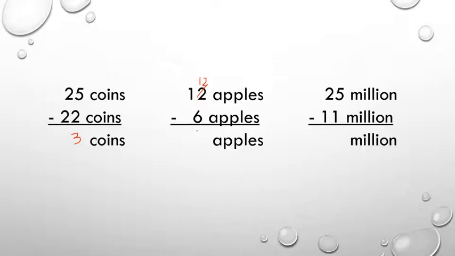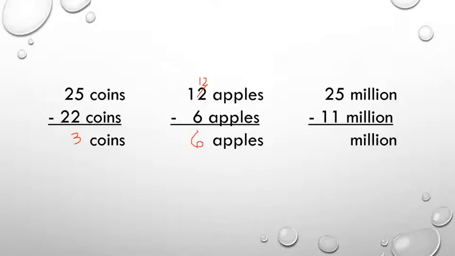That's why you need to know, as mentioned earlier, the table for adding 1 to 9, for example 1 plus 1, 1 plus 2, 1 plus 3. You should know those addition numbers because that's the basis of it. So we know that 12 minus 6 is 6.